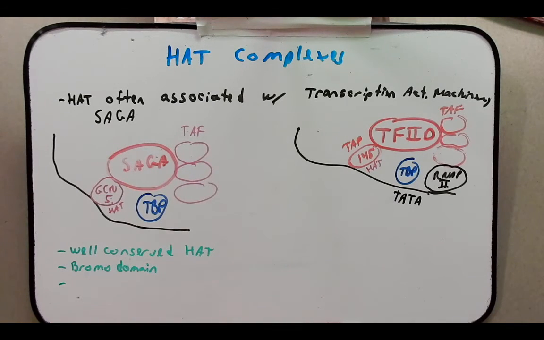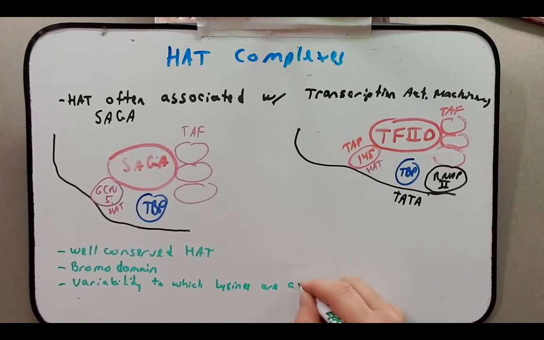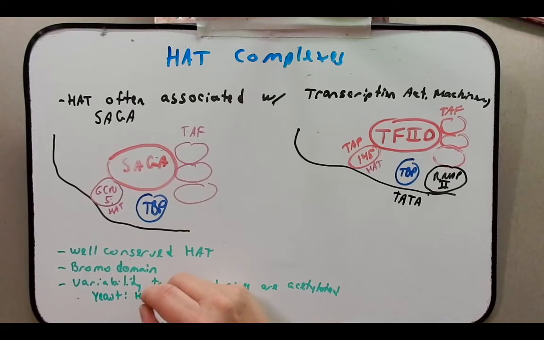Within the spectrum of these GCN5s from yeast to humans, there is variability in which lysines are acetylated. In yeast, the following are acetylated: histone 3, lysine 14, lysine 9, and lysine 18. It also acetylates H4, histone 4, lysine 8, and lysine 16.